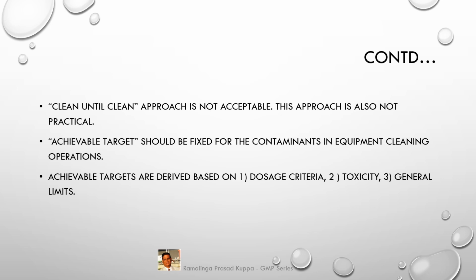There is a capping procedure. If the derived figure is too high, it may be capped at a certain limit, like not more than 2000 ppm. When there is a change from an intermediate to another intermediate, toxicity data may be considered. In such cases, there will not be any dosage criteria.